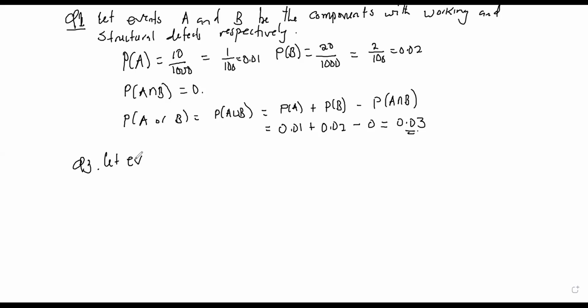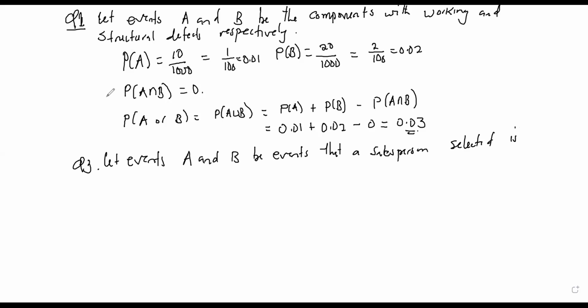Let events A and B be events that a salesperson selected is unmarried and that is a college graduate.